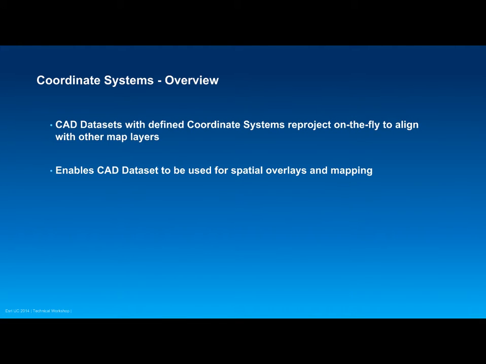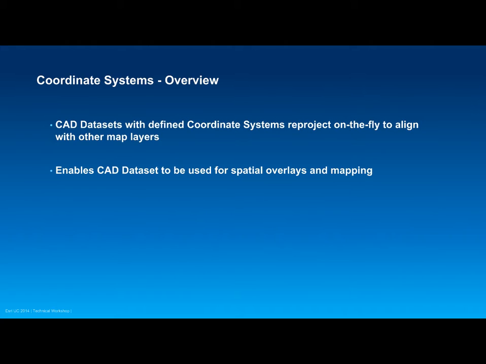Similar to georeferencing, we also often need to assign coordinate systems to CAD data. This is referred to as defining a spatial reference, and by defining a coordinate system or a spatial reference, it allows CAD data to project on the fly to align with other map layers. This is the same process we go through when we define a coordinate system or spatial reference on GIS data. In order for any kind of layer to project on the fly in ArcMap, whether it be CAD data, GIS data, a geodatabase feature class, an aerial photo, anything, the coordinate system has to be defined.